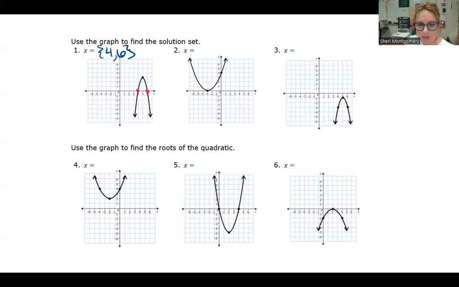For the second one, it looks like it just goes down and it touches and bounces off. -3, that's it. Okay, I'm really glad that you asked. Parentheses is not a set.